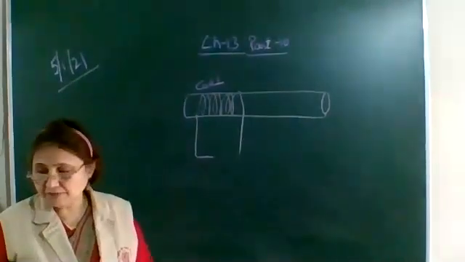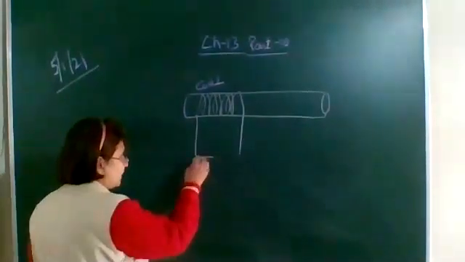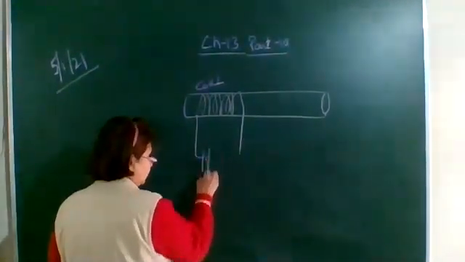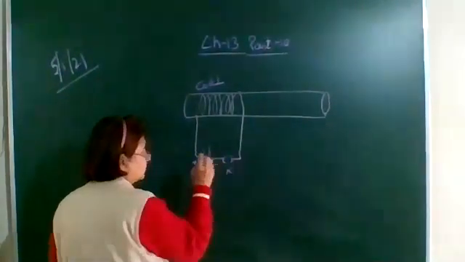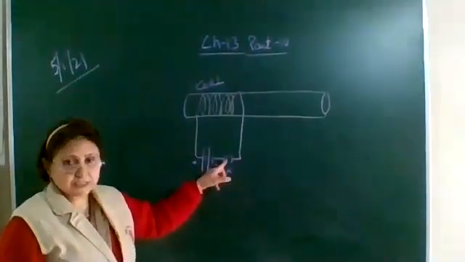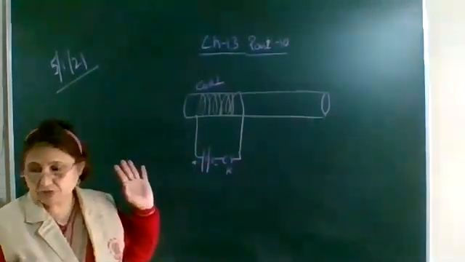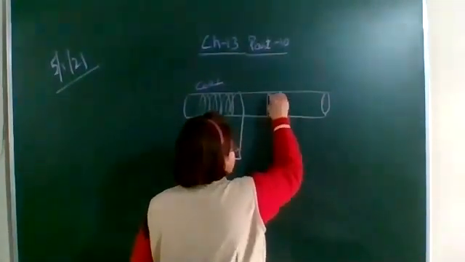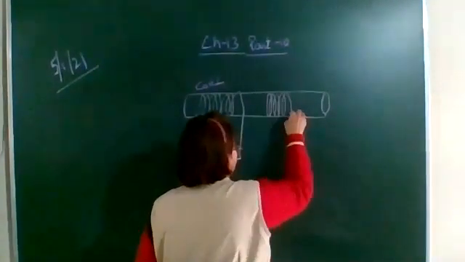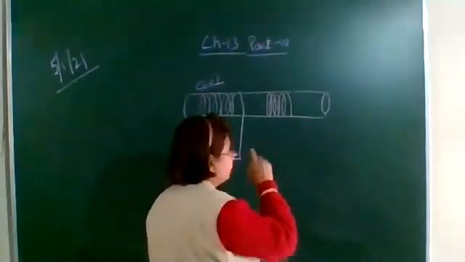First, this coil 1 is connected to a battery and a key. So when the key is inserted, the current will flow in this coil 1. Another coil 2 has fewer turns as compared to coil 1.